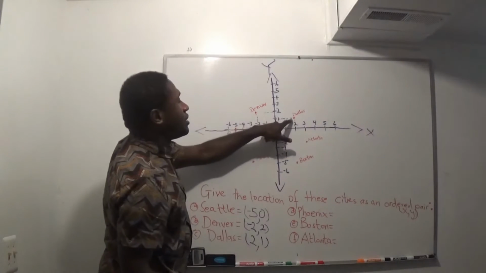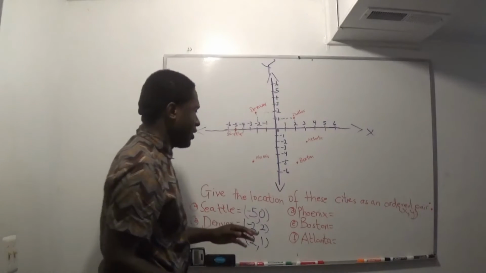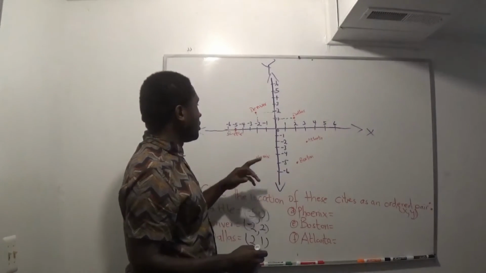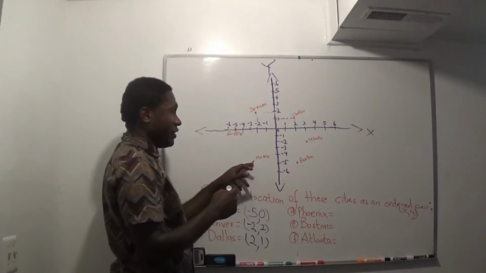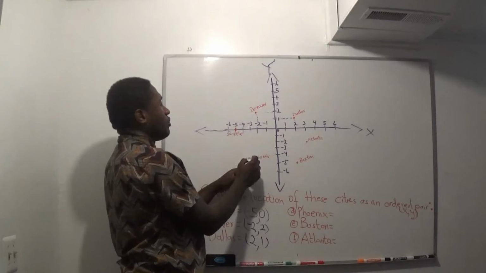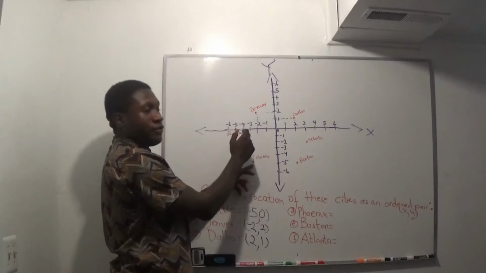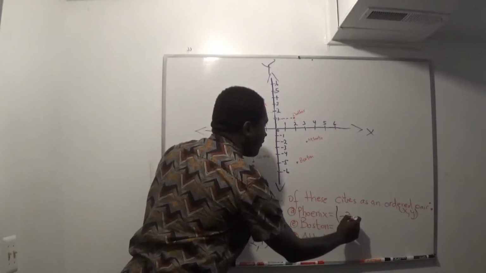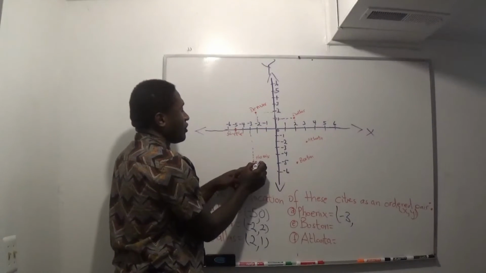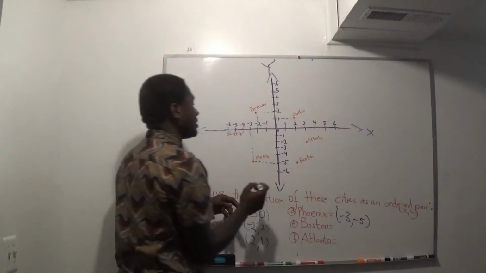So this point is (2, 1). Got it? Alright, let's just do more. Phoenix. That is Phoenix. So what is that as an ordered pair? Well, you always have your X first. What is your X? Your X is -3, right? So you have -3, and your Y for this point is -5. So that's how you write that as an ordered pair.